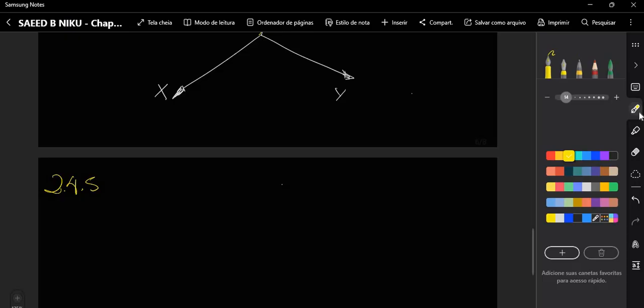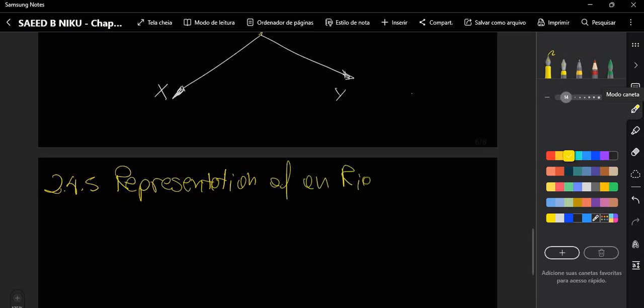Topic 2.4.5, representation of a rigid body.